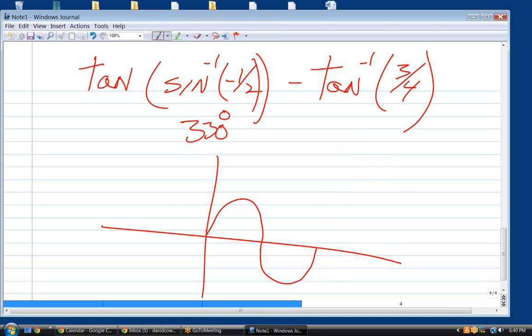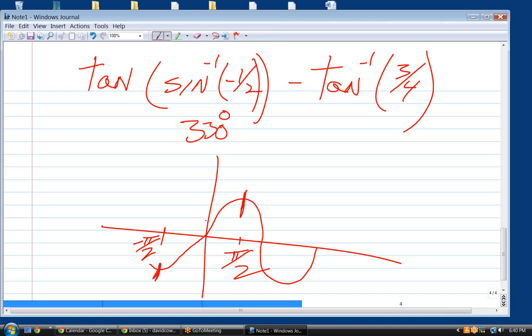So to talk about inverse functions with sine, they restrict the domain from minus pi over 2, fourth quadrant, to pi over 2, first quadrant. That part is mirrored over the line y equals x to give you the inverse sine function.